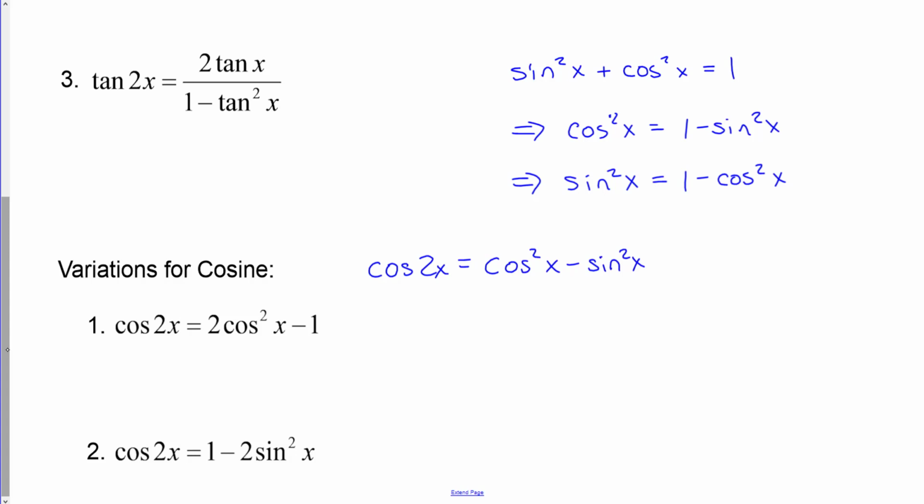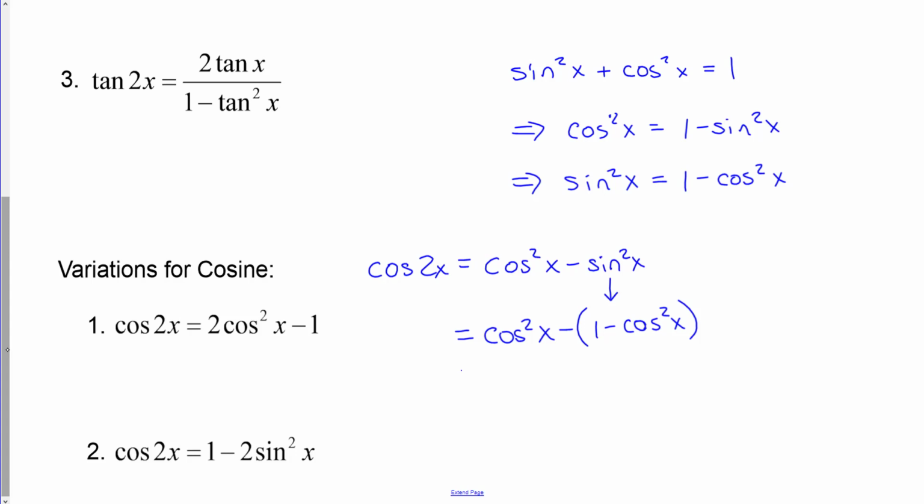If I substitute sine squared x with 1 minus cosine squared x, then this is going to be cosine squared x minus that term, because I'm just substituting sine squared for the new value.